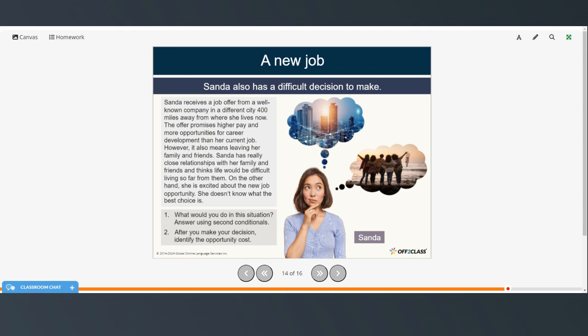Sandra has really close relationships with her family and friends and thinks life would be difficult living so far from them. On the other hand, she's excited about the new job opportunity. She doesn't know what the best choice is. So what would you do in this situation? Use the second conditional in your answer. And again, after you've made the decision, identify the opportunity cost.